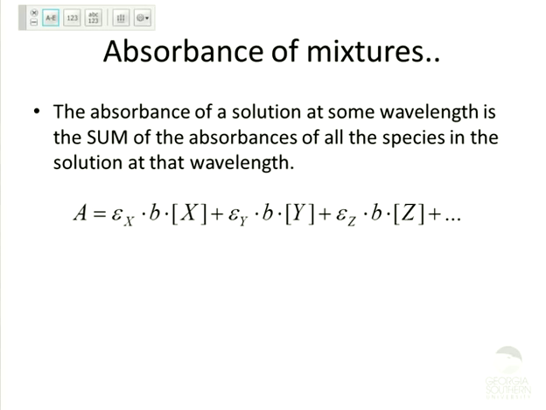But the problem with something like Coca-Cola is that it's dark and it's got a bunch of things in there that absorb light. Some of them absorb light at the same wavelength range as caffeine. That's why in your procedure we had to analyze a clear or slightly yellow solution.